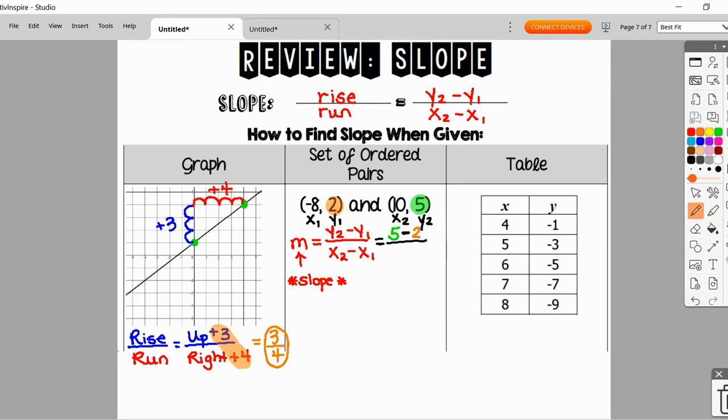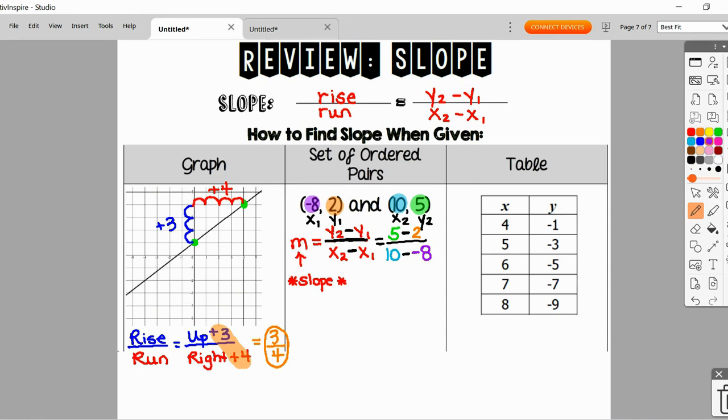I go ahead in the denominator plug in my x2 first, which is going to be 10. And then I plug it in after subtraction. Keep that subtraction. So these subtractions here and the division symbol I'm keeping. I'm just changing every other part to the number, and my x1 in this case is going to be -8.